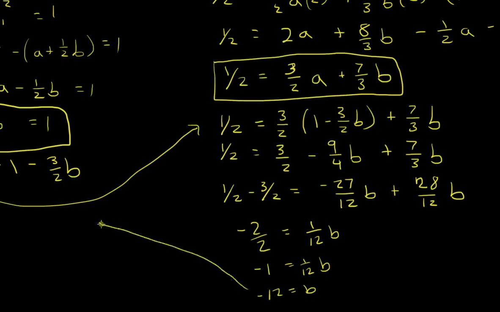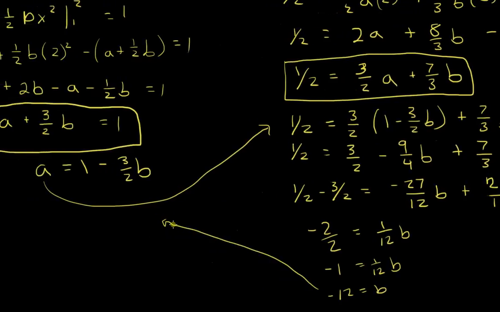All right, now bring that over to figure out what a equals. So now that you have b, you have this equation for a. So now let's figure out what a equals. So a equals 1 minus 3 halves times negative 12, right? I plugged in for b.